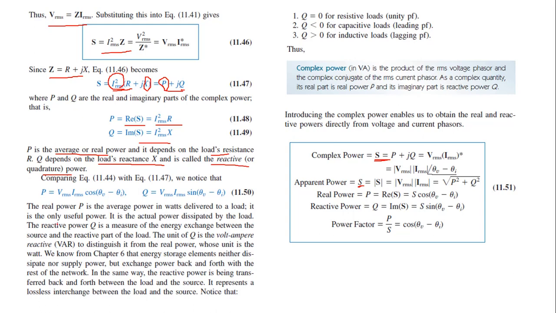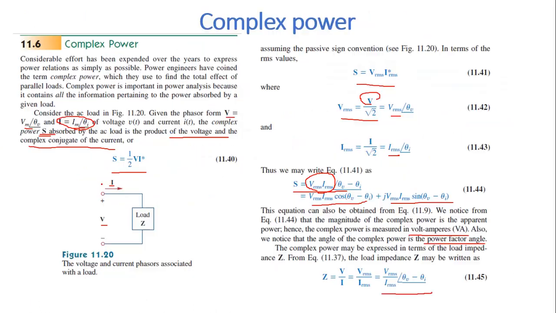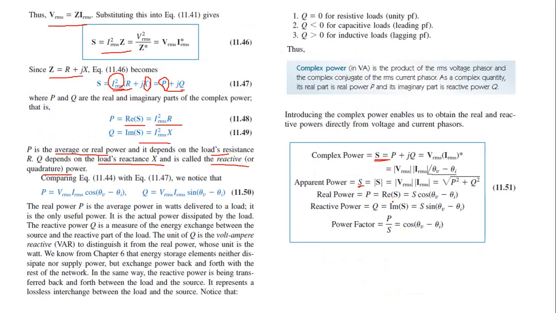Okay, so comparing equation 11.44 with this one, we can write P is equal to Vrms Irms cos of (theta V minus theta I), and Q is equal to Vrms Irms sine of (theta V minus theta I).